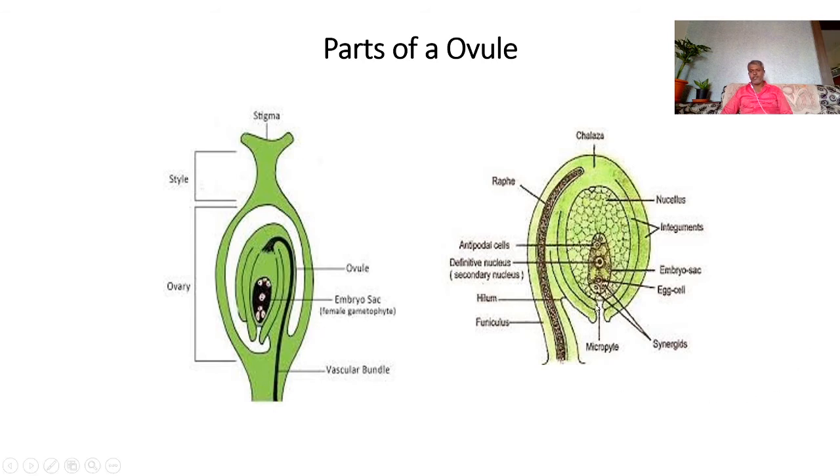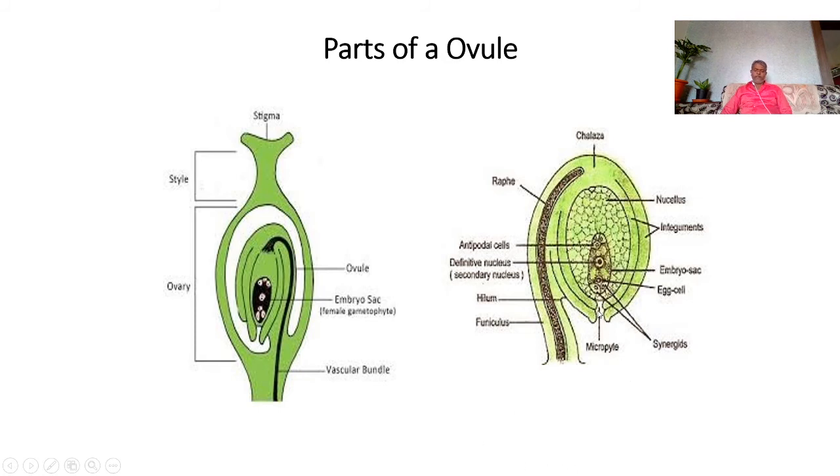See here, in between these two integuments, the nucellar epidermis is seen. The cells at the epidermal region of this nucellus undergo more divisions, resulting in the formation of a beak-like structure, known as nucellar beak, and it is seen in Euphorbiaceae members.